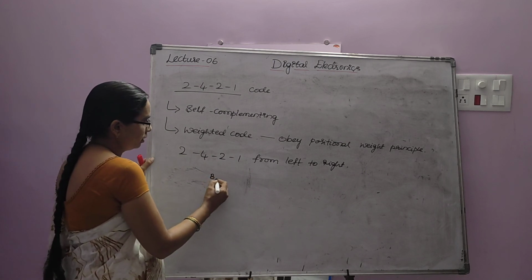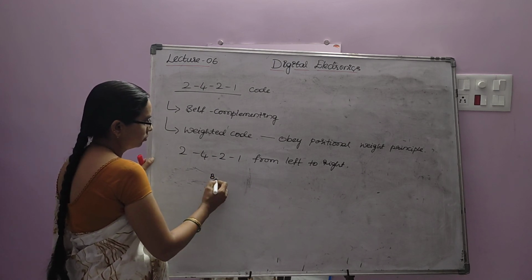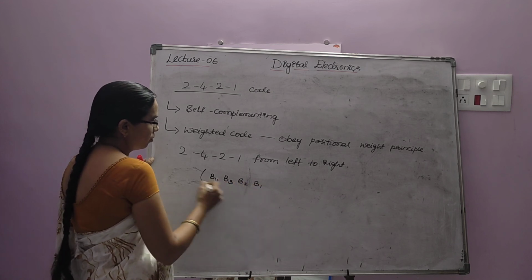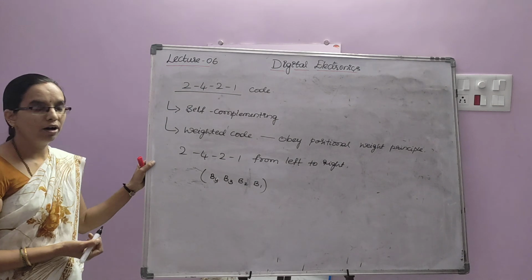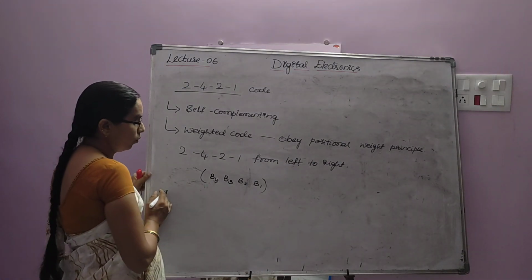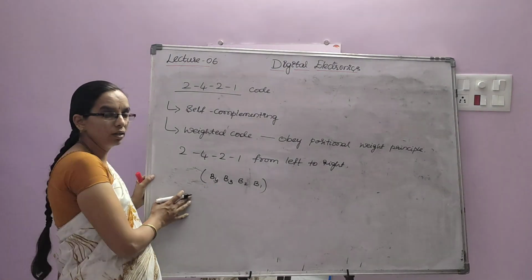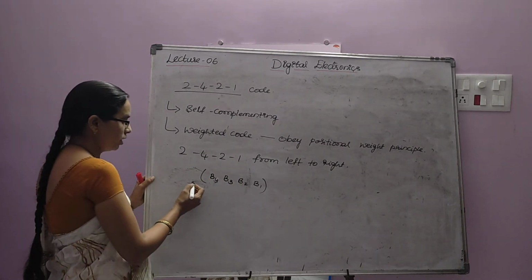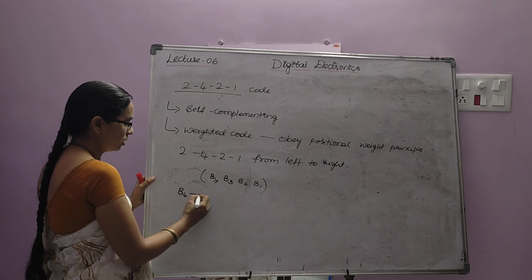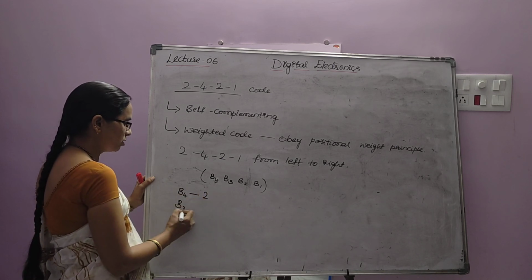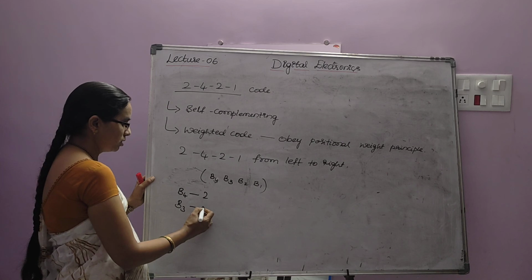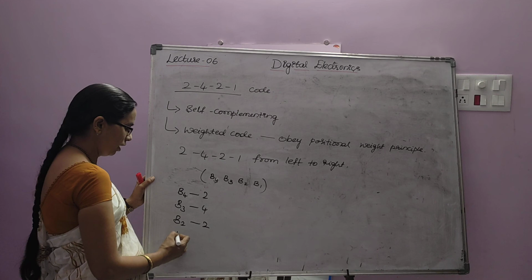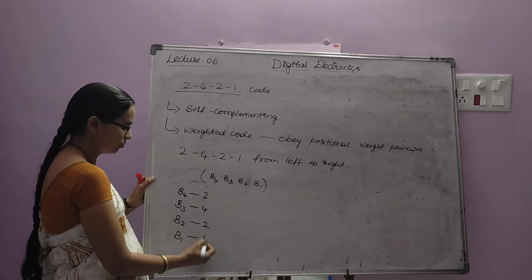If B4, B3, B2 and B1 are the 4 bits of a given code, then the weight associated with B4 is 2, with B3 is 4, with B2 is 2 and with B1 is 1.